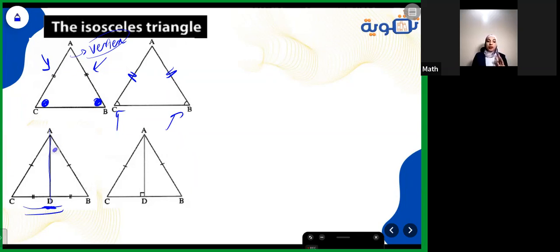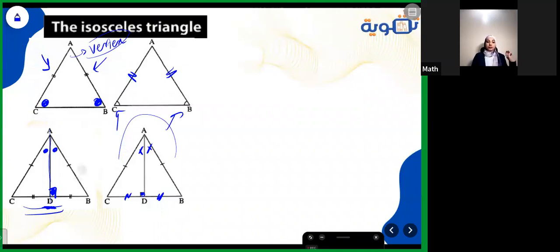So it will be bisecting the vertex and perpendicular to the base. This is the first corollary. The second one, if this line segment, of course in the isosceles triangle, is perpendicular to the base, it will be bisecting the vertex and bisecting the base. So as I told you, we have three things. If one of them happened, the other two should happen.